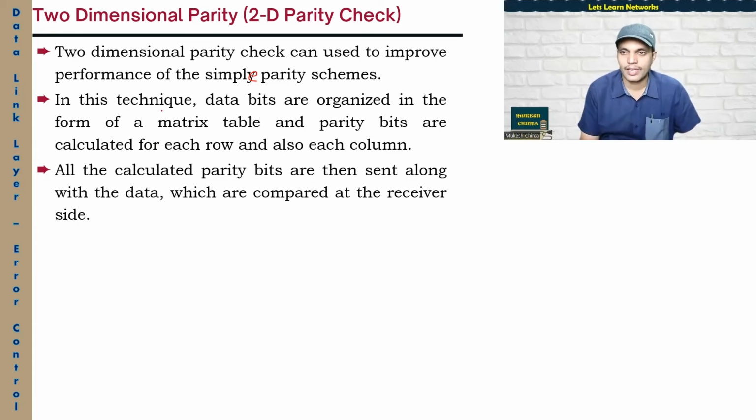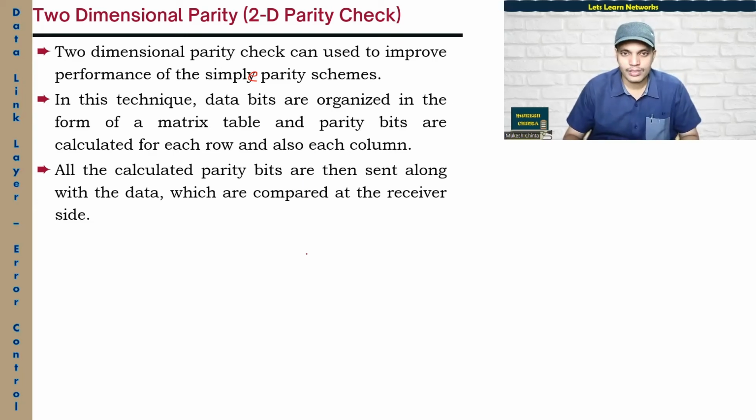Once again, in this technique, all the data bits are organized in the form of a matrix table, and the parity bits are calculated for both rows and columns. In VRC, we only calculated row parity, adding one parity bit for each data block. Whereas in LRC, we arranged them into columns and calculated the parity bit for each column.